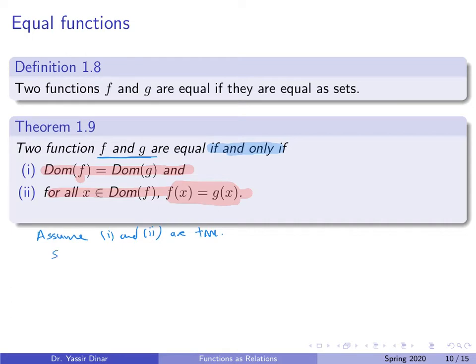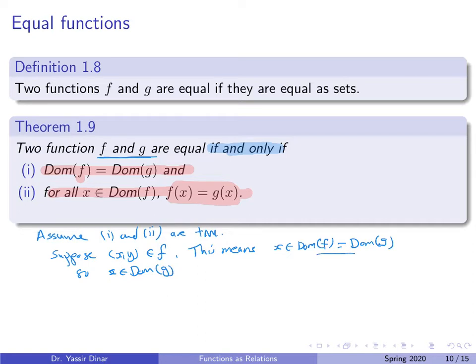So I will suppose I have a pair (x, y) in f. This means x is in the domain of f, but the domain of f is the same as the domain of g, so x is in the domain of g, and this is from the first assumption.